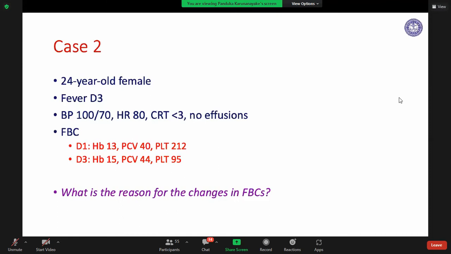If that is the case, why has the patient's hemoglobin gone up from 13 to 15? Or why has the PCV gone up from 40 to 44? What is the reason for that? What do you think is the reason for that? Anyone? Can you type your answers?